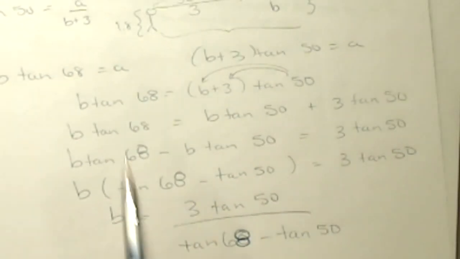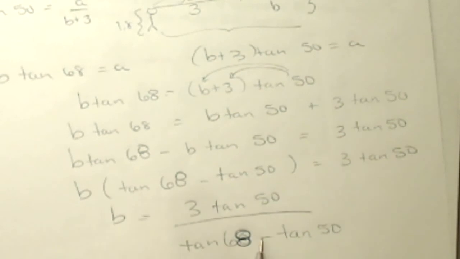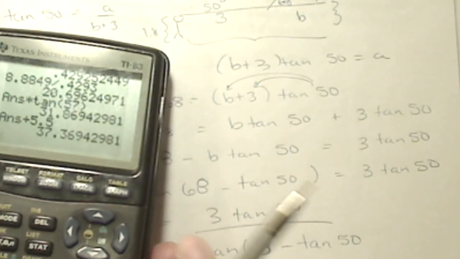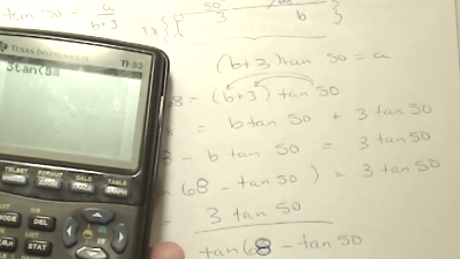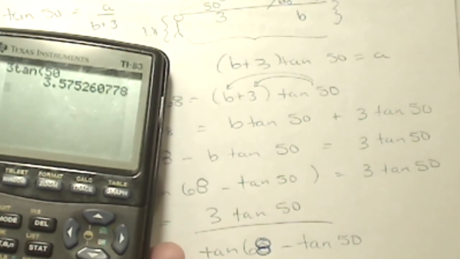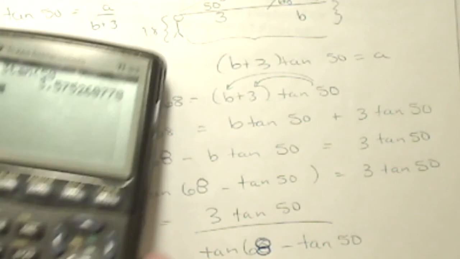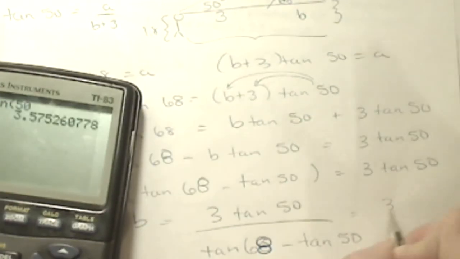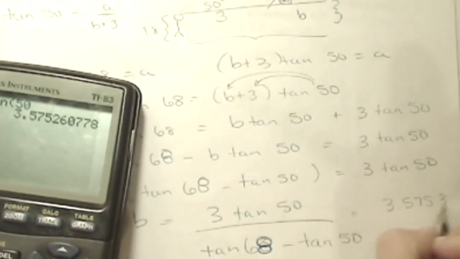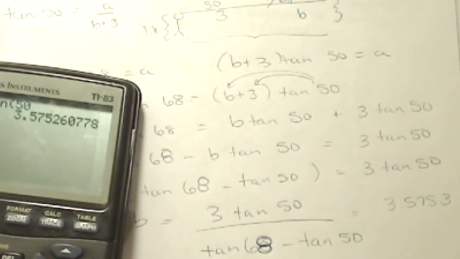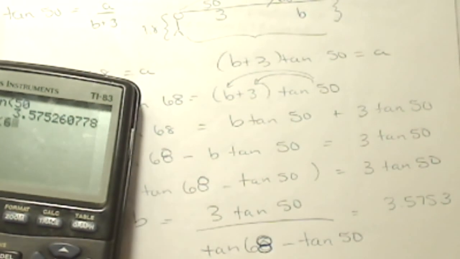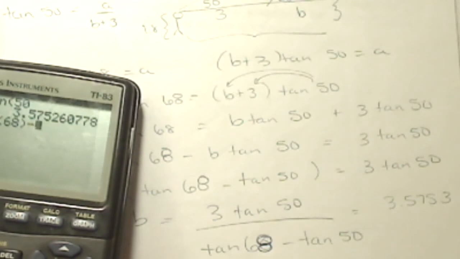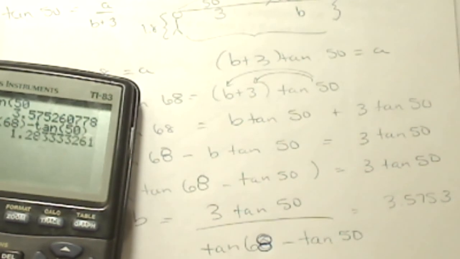All right, so now that I know what b is equal to, I get my calculator and calculate 3 tangent 50, which is 3.5753. And tangent of 68 minus tangent of 50. Very important to end the parentheses on that.